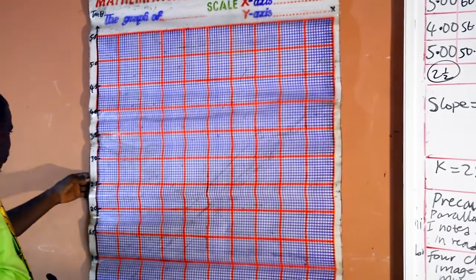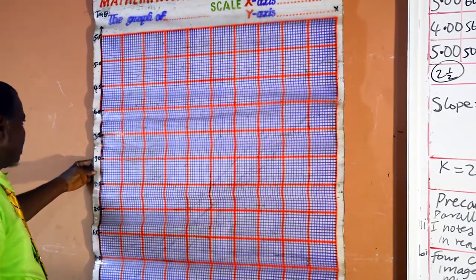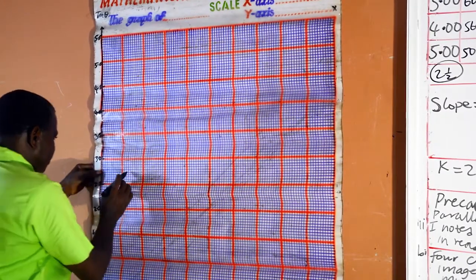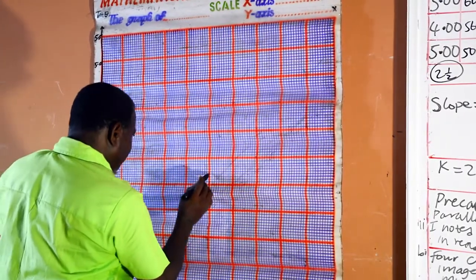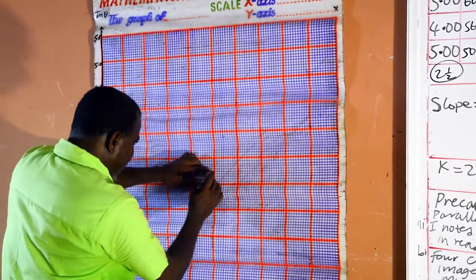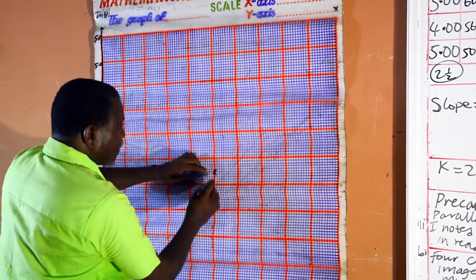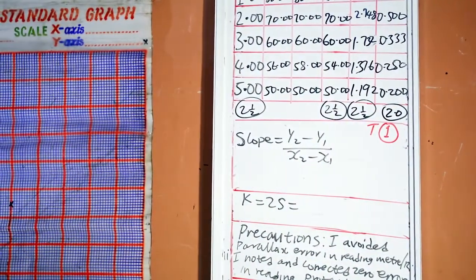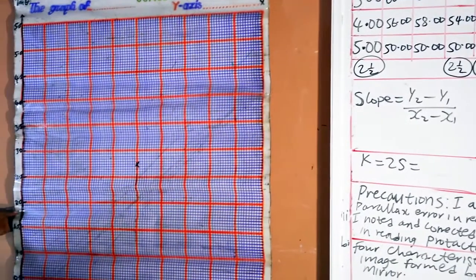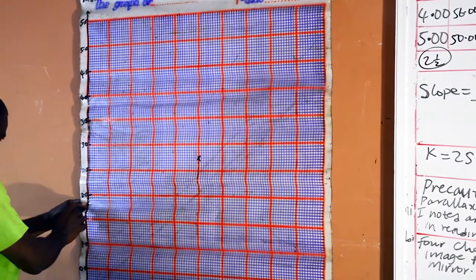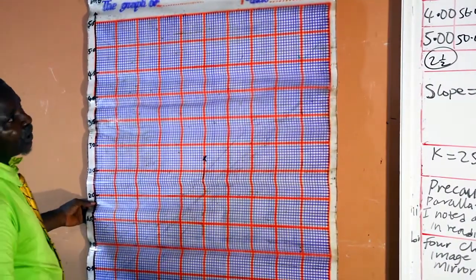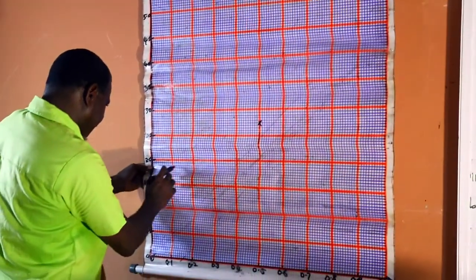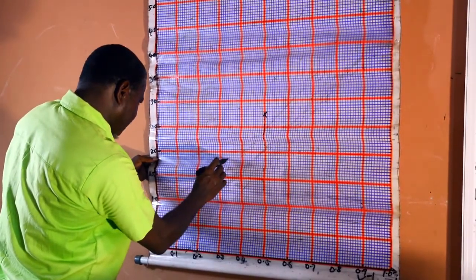In between 2.5 and 3, we are going to get 2.75, 1, 2, 3, 4, 5 against 0.5. This is 0.5 here. Then 1.73 against 0.33. 1.7 will be here, 1, 2, 3, 4, 5, 6, 7 against 0.33.